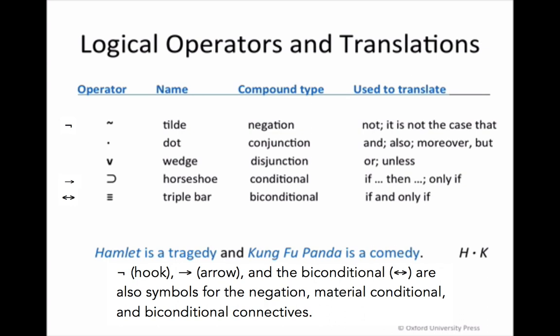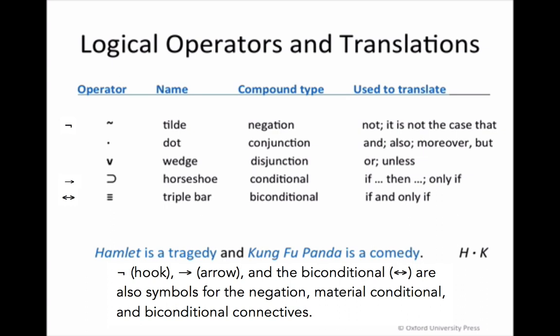So remember earlier I mentioned that the word and is a connective in logic. Well, it's a type of conjunction. The actual connective is called conjunction, and the word and is one of several conjunctions.